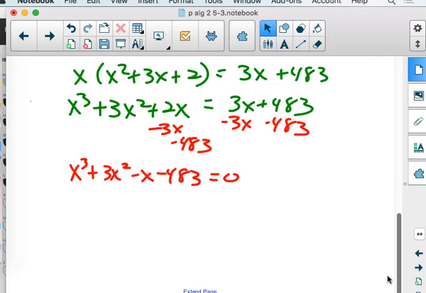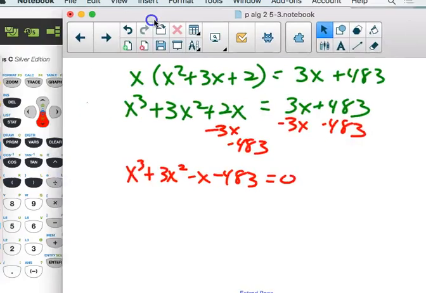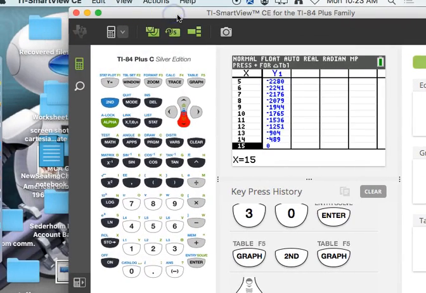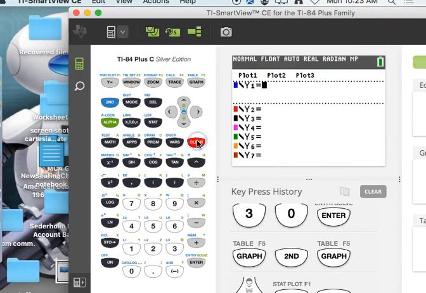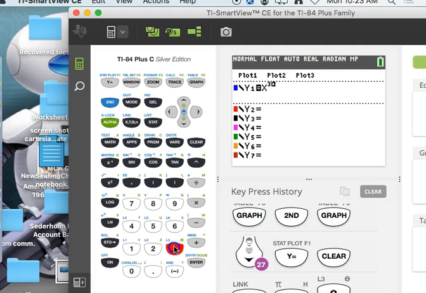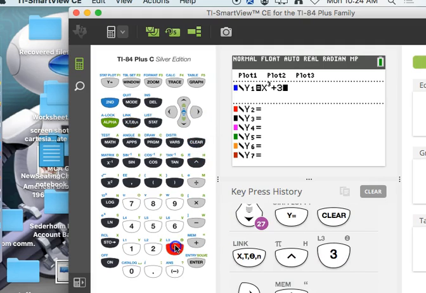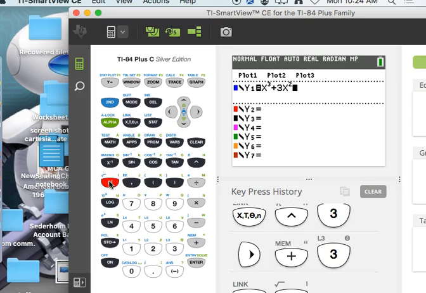Get everything over on one side. All right, it's calculator ready. Let's get it in there. Y equals clear, and it was x to the third plus 3x squared minus x minus 483.